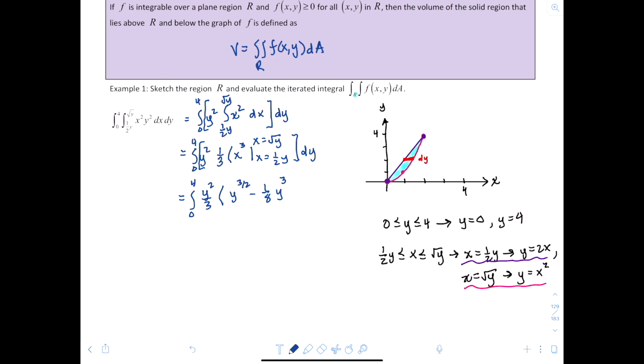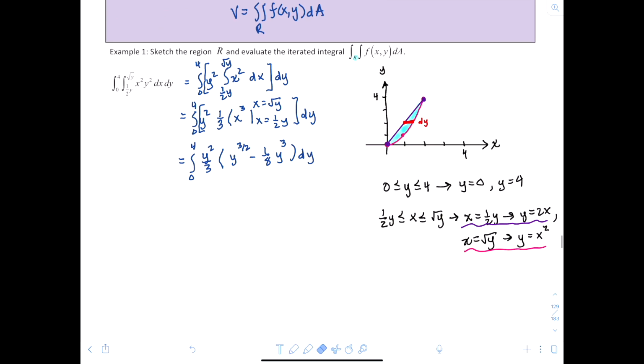Cool so far? All right, so then I'm going to have to integrate all that with respect to y. Let's clean this up a bit. So we will get the integral from 0 to 4, bringing in the, we'll have what? Y to the 7/2.